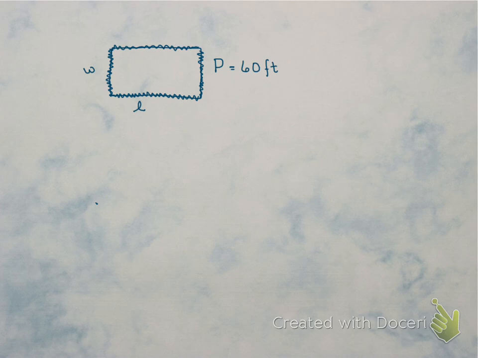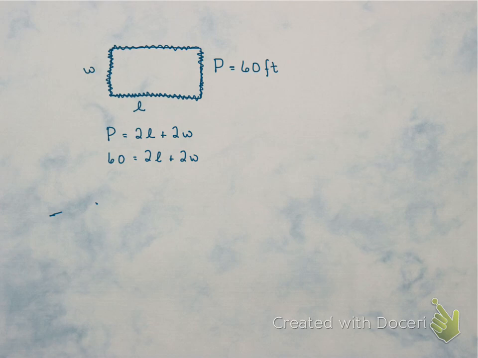As it stands, if we write the perimeter equation, which is twice the length plus twice the width, and P is equal to 60, the problem is that we've got two unknowns, L and W, and that's too many unknowns for one equation. You're only allowed one variable, and that is going to be a problem.